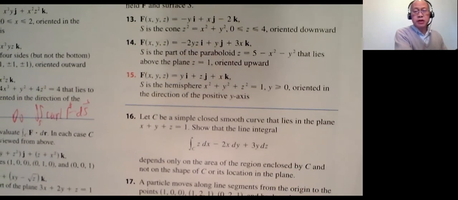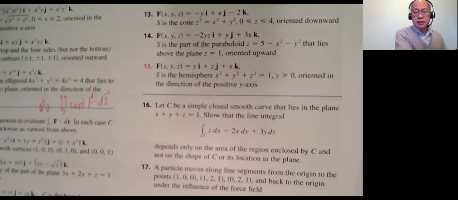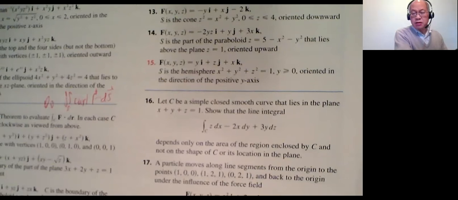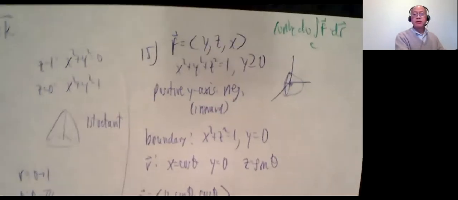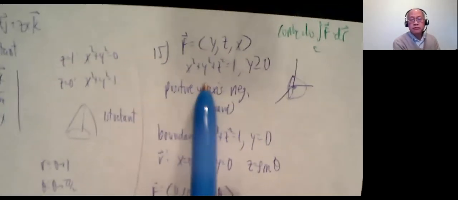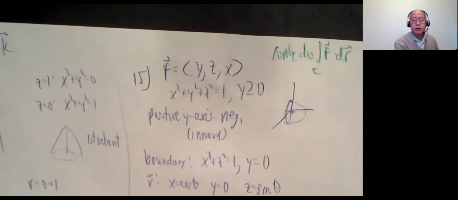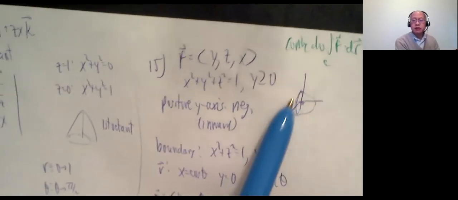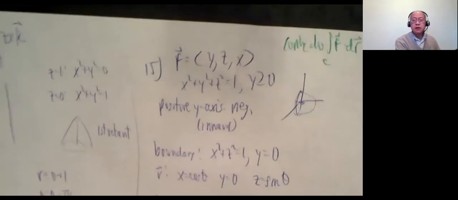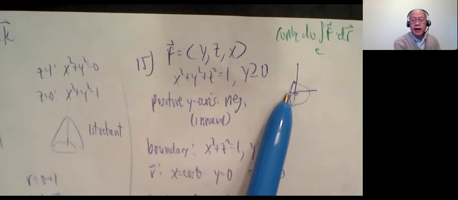S is the hemisphere, x squared plus y squared plus z squared equals 1, y greater than or equal to 0, oriented in the direction of the positive y-axis. That's a sphere. Y is greater than or equal to 0, and it says the positive y-axis going this way.